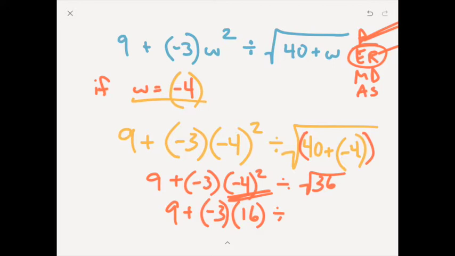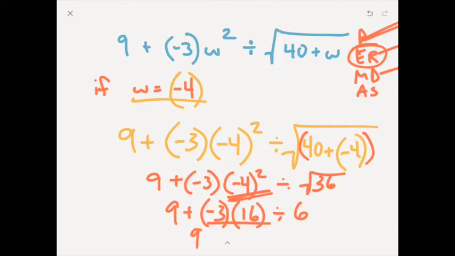Well, I'm on roots, so I might as well do that. 36 square root is 6. Okay? Moving on, I'm ready to do multiplication and division. Now I'll do them left to right. So I'm going to start with my -3 times 16. I remember my rules: a negative and a positive make a negative, because there's no negatives to cancel out.